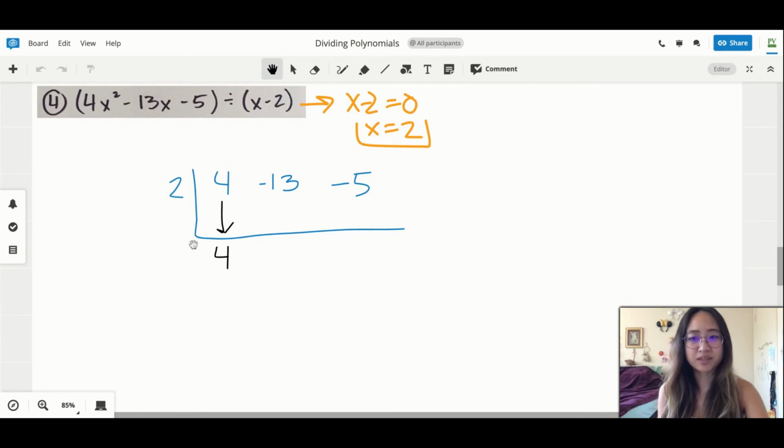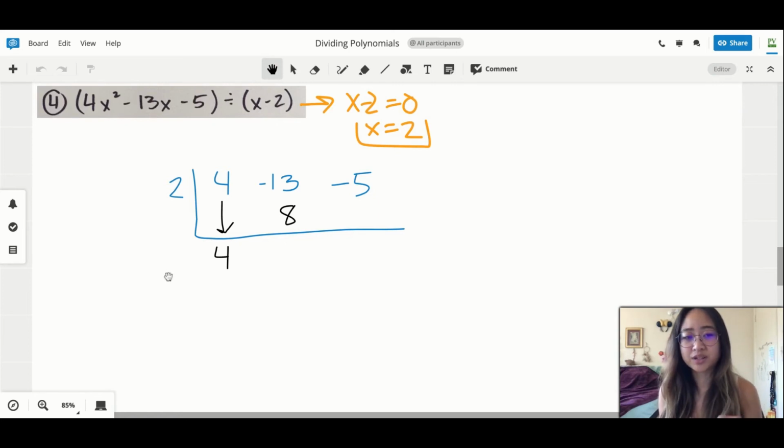So once we have this number here, we are going to do the same as with long division. We multiply the divisor to our first term in the quotient, and we put it right here. So 2 times 4 is 8, and we will just add it as it is. So we have negative 13 plus 8, and I guess that's the difference between long division and synthetic division.